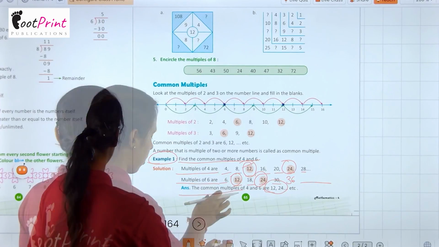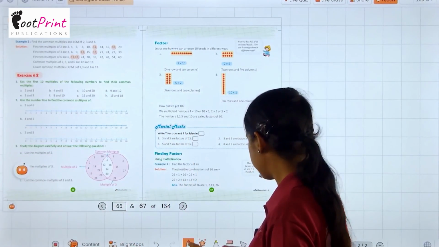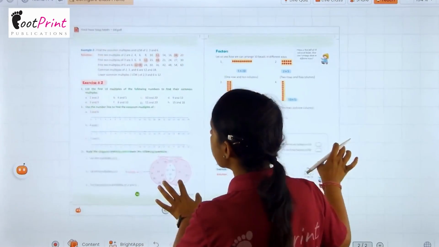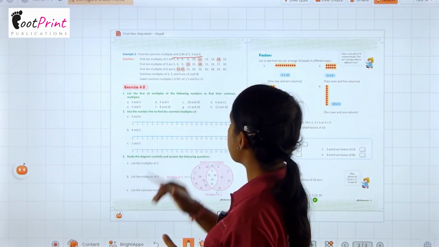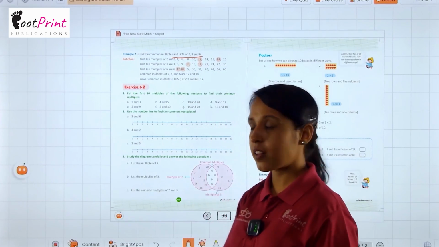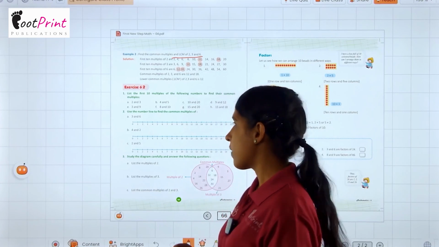As we solved, now we will move to the next. Okay, here one more example is given. Find the common multiples and LCM of 2, 3 and 6. So what is LCM? LCM is the lowest common multiple.